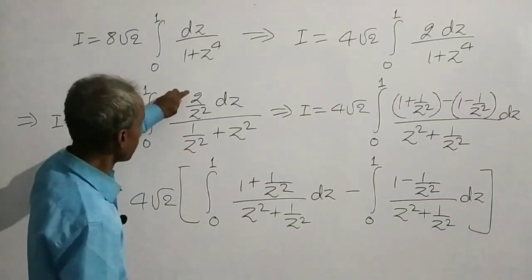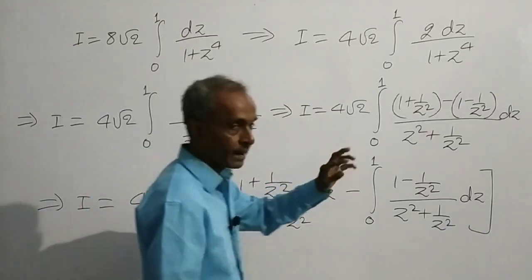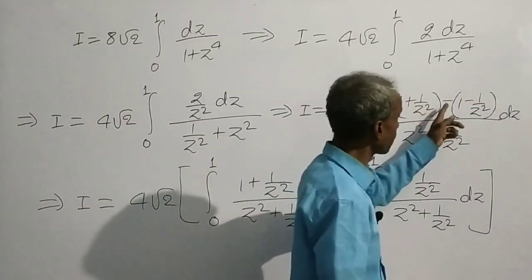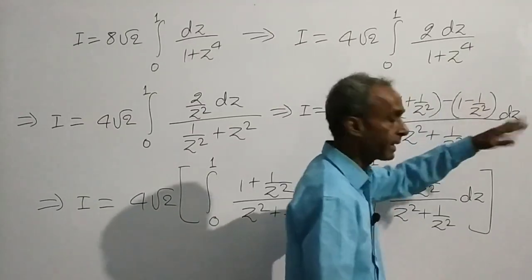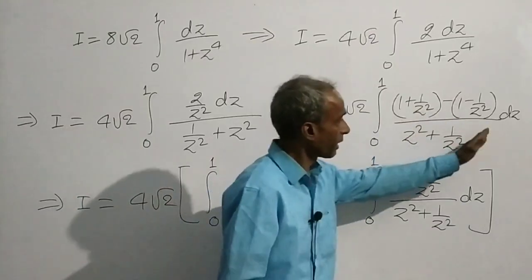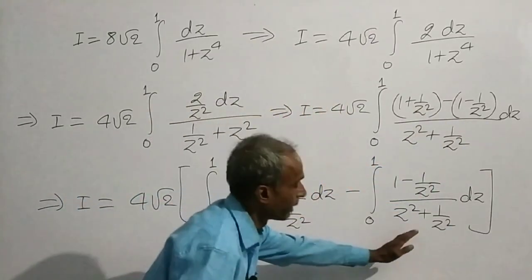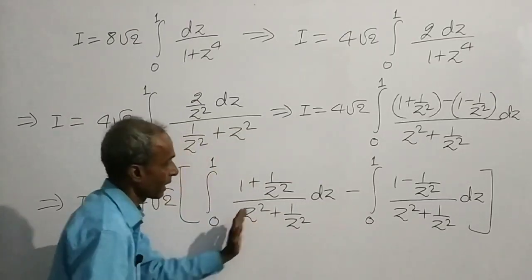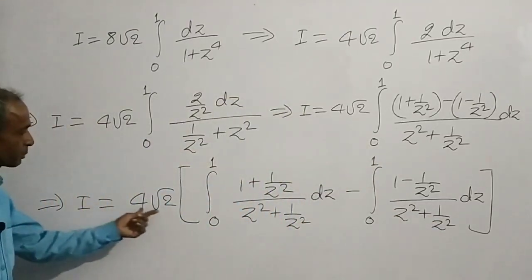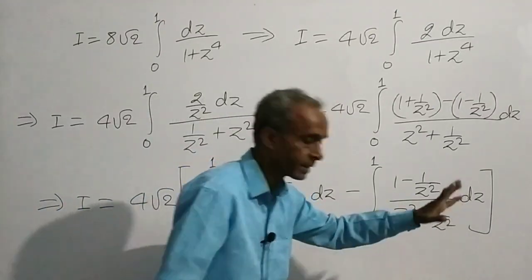Now the expression in the numerator, 2 by z square, can be written as the difference of two expressions, 1 plus 1 by z square minus 1 by z square. Now this integral can be written as the difference of two integrals, this integral minus this integral. Therefore, I is 4 root 2, this integral minus this integral.